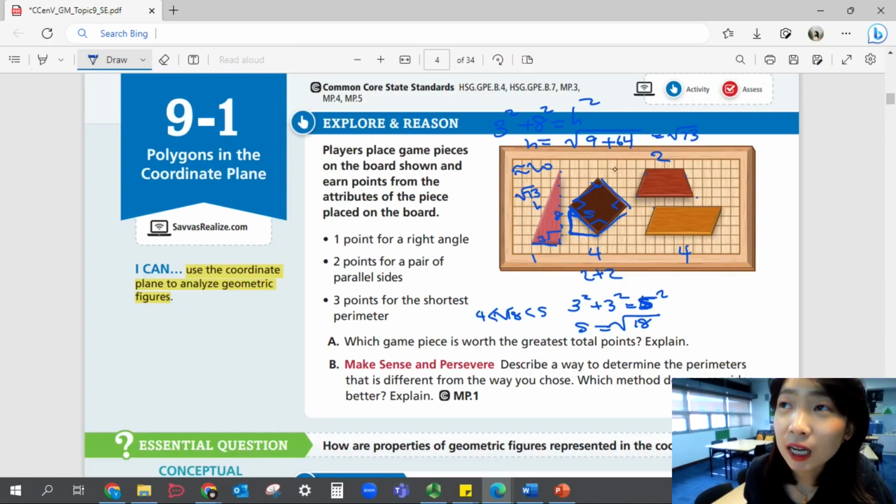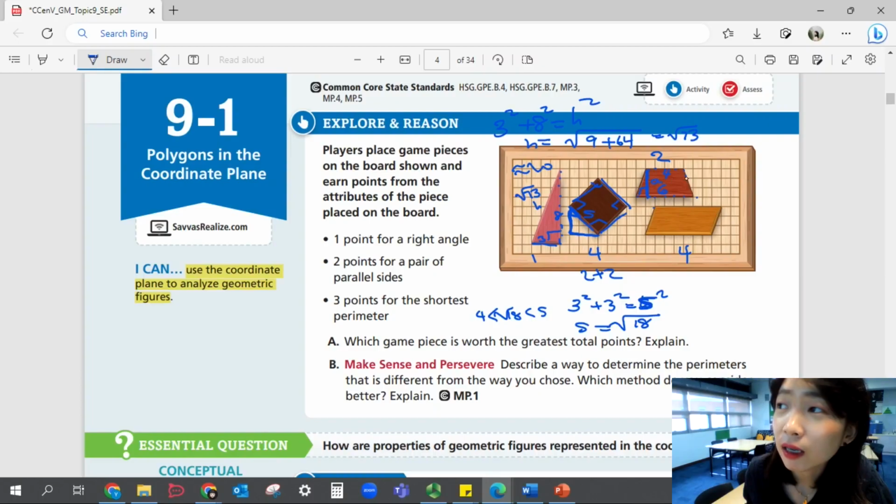To be exact, you have to use your calculator to multiply the square roots, okay? And then for that one, 1, 2, 3, 4, 5, 6 units, 1, 2, 3, 4 units. If you draw another triangle, that's going to be 1 by 3.